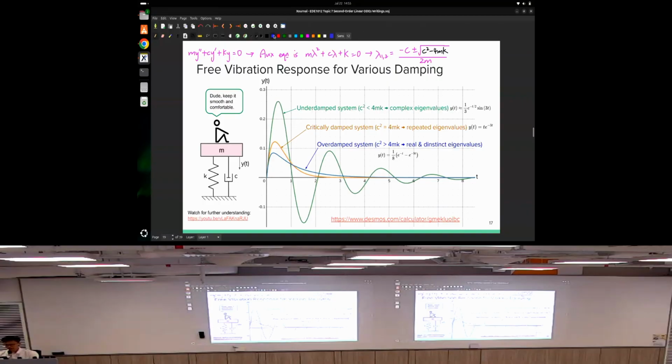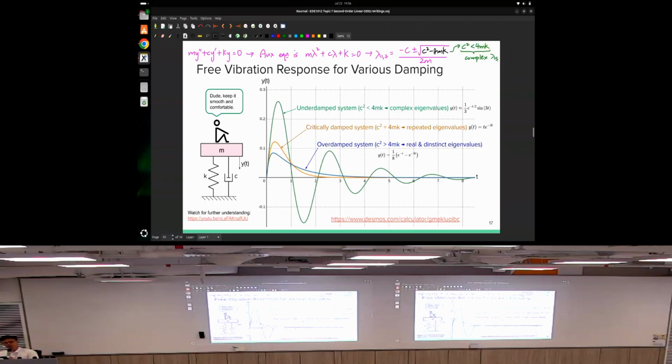So if c squared is less than 4mk, this is a negative term, and if it is negative, you get complex roots already. Agree or not? Oh, sorry, it should be in green. Let me follow the color of the graph. Agree, right?